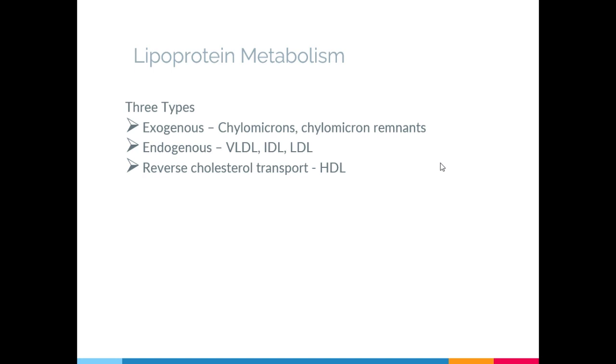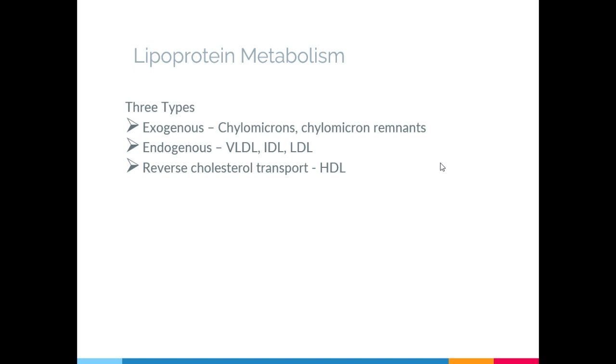So we have three types of lipid transport through lipoprotein metabolism: exogenous, endogenous, and reverse cholesterol transport. Each of these types is coordinated by a particular set of lipoproteins. Exogenous is coordinated by chylomicrons and chylomicron remnants.